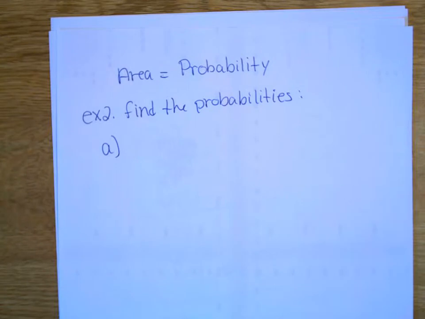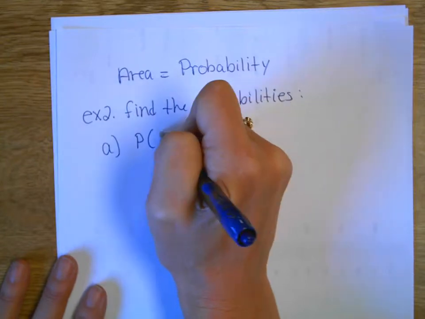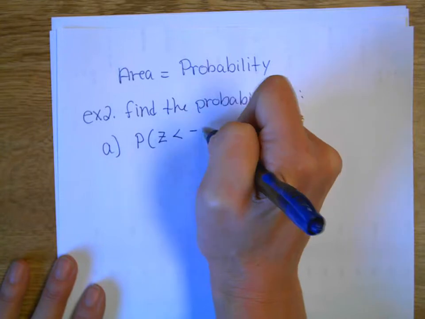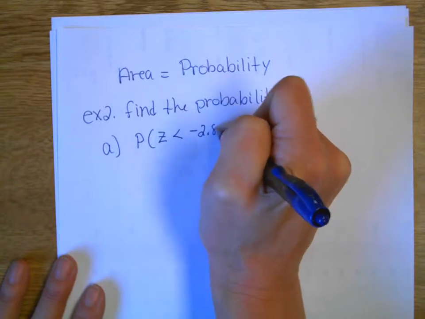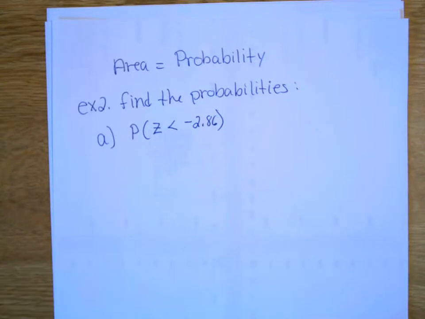So I'm going to write it like the book will write it. Can you find the probability that the z-score is less than negative 2.86? So, probability and area are the same thing.